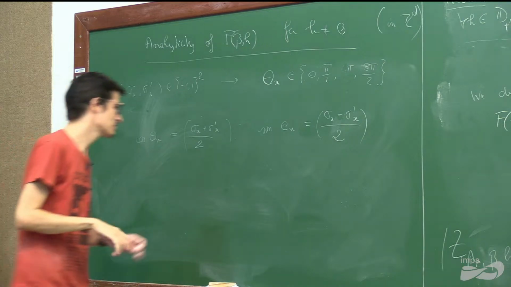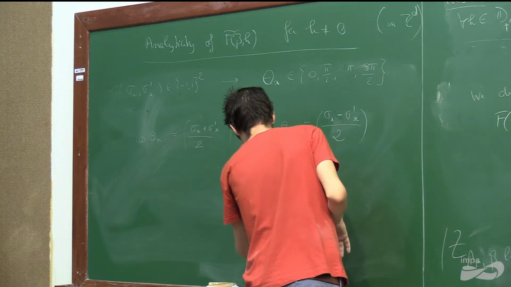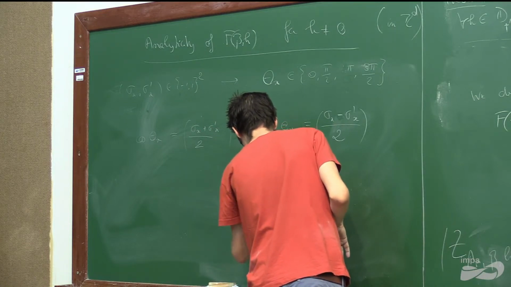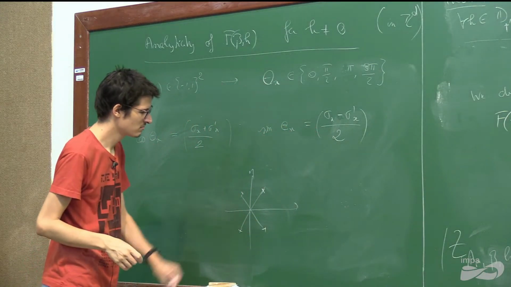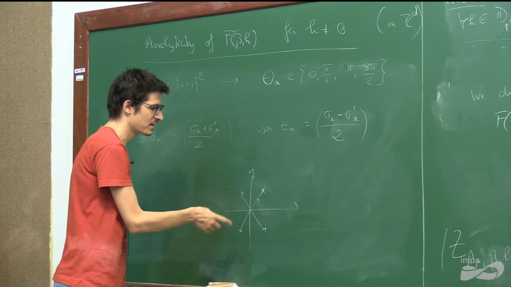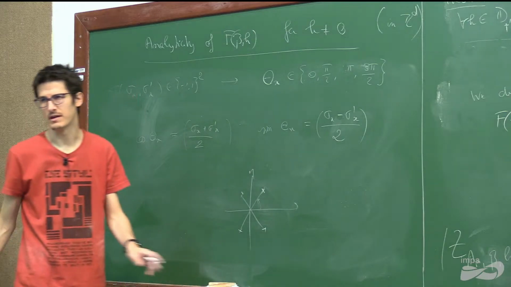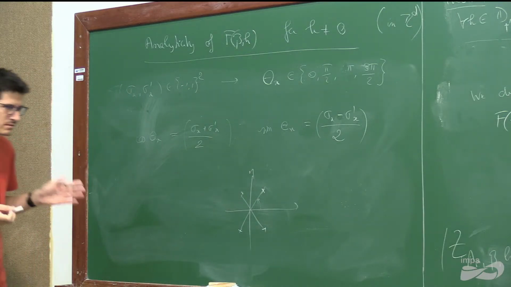Basically, theta x and theta prime x can take 4 values, and theta x is more or less related to the angle you have here. So it's probably the angle minus pi over 3, or minus the angle minus pi over 3, something like that.